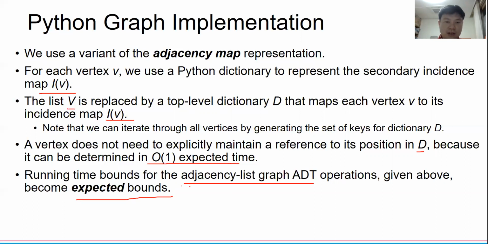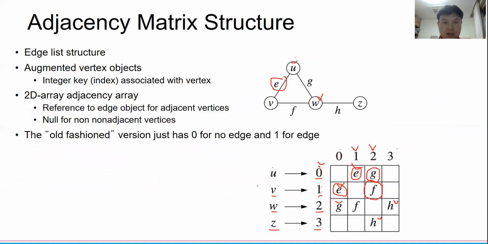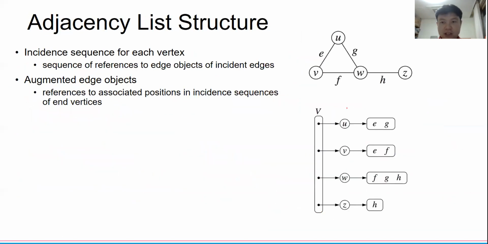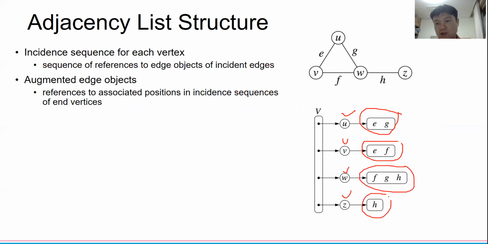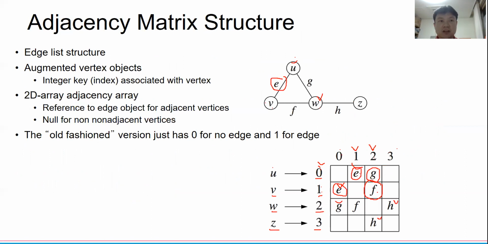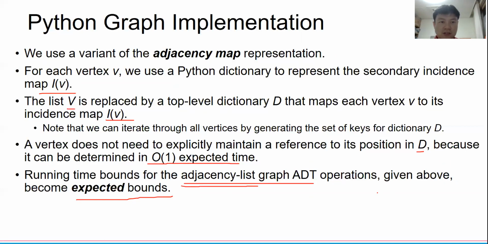I guess you still remember the adjacency list here. This is the key and those other values, and this is the key and those other values. So we can use the dictionary to implement the adjacency list.